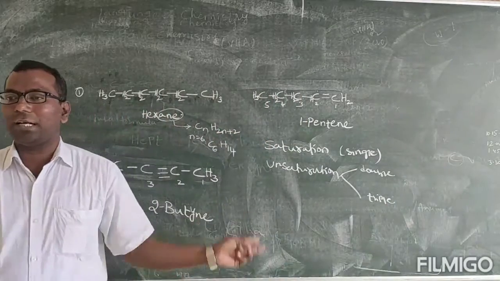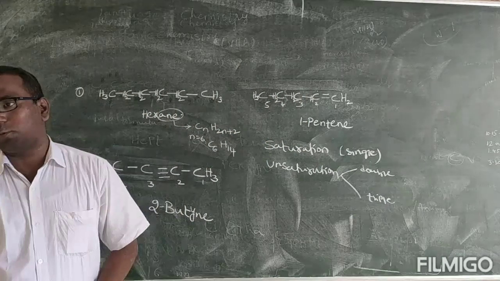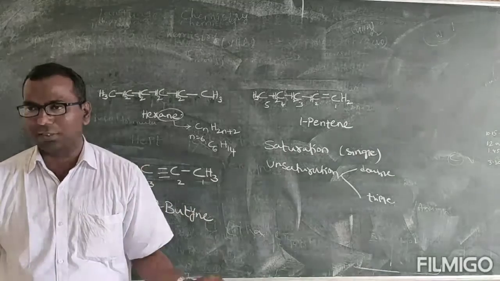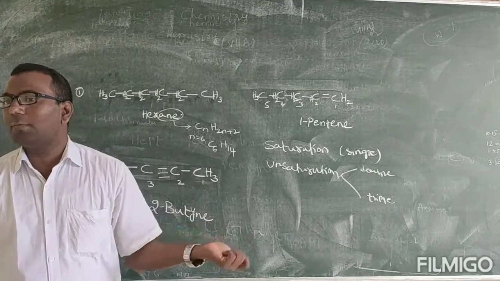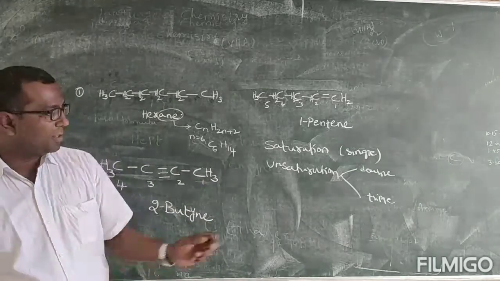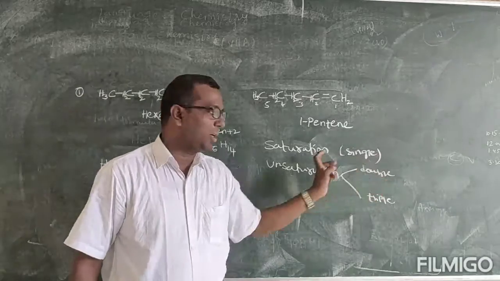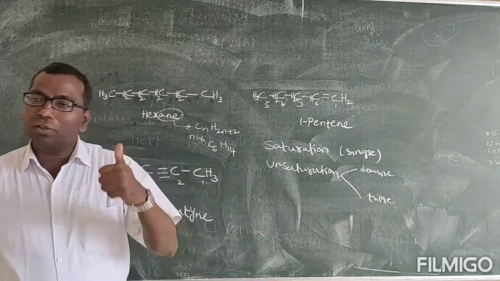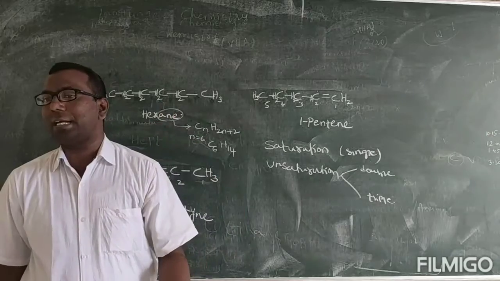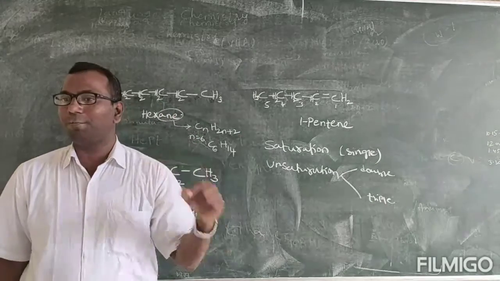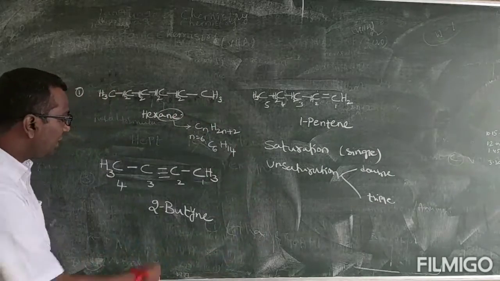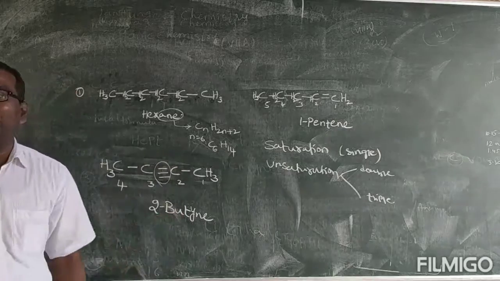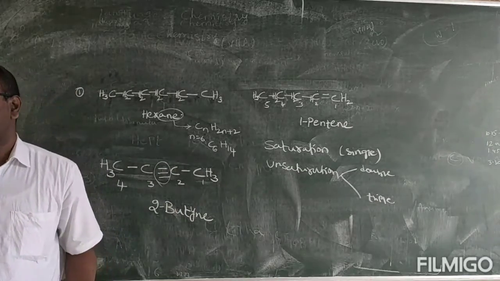Hydrocarbons are of 2 types: saturated hydrocarbons and unsaturated hydrocarbons. In that, saturated means single bond and unsaturated means double and triple bond. Now you are able to write the name of the compound including their bonds also, where the bond is present.